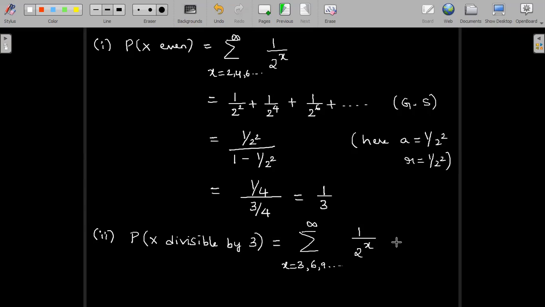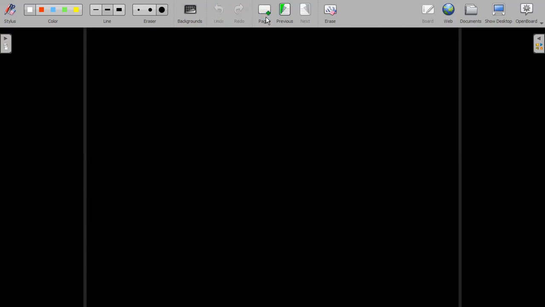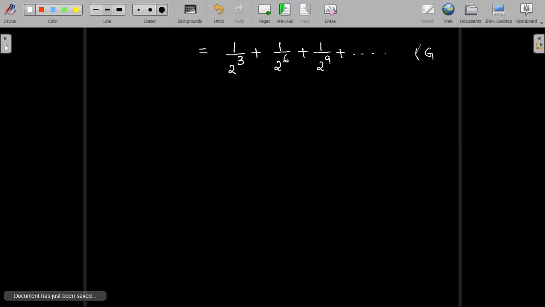Again on expansion, this leads to a geometric series. So this gives us 1 divided by 2 cube plus 1 divided by 2 power 6, 1 divided by 2 power 9, etc. So again, this is a geometric series for us.